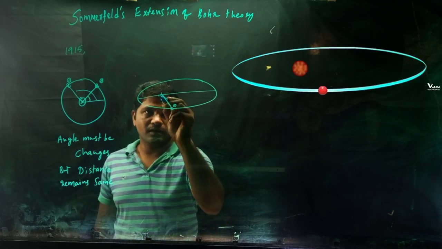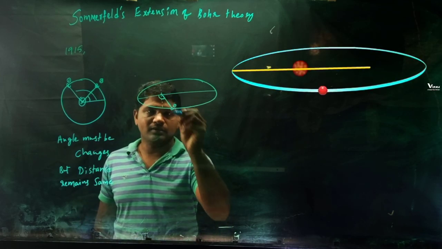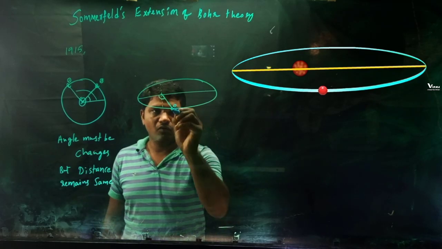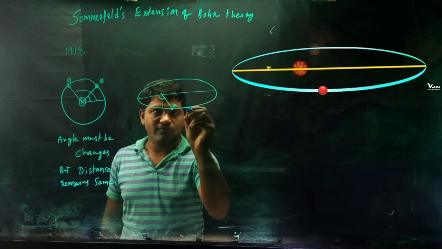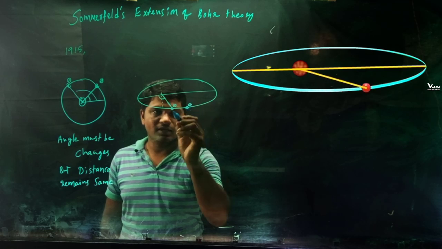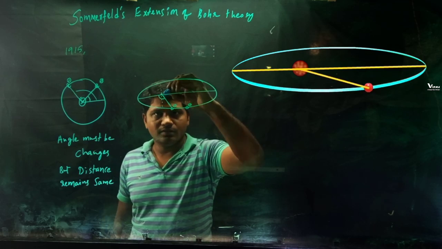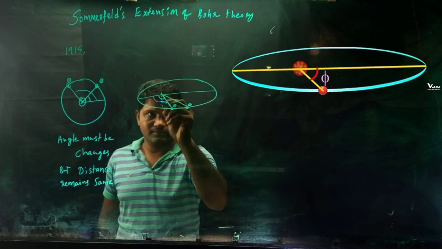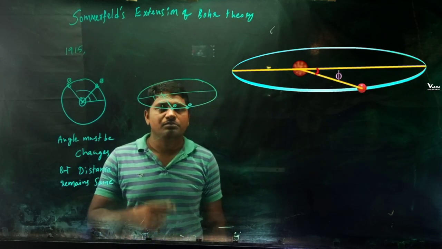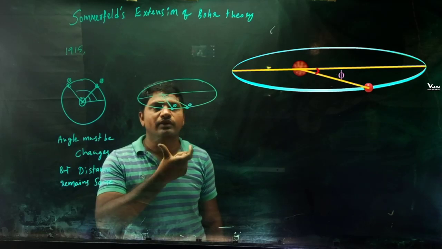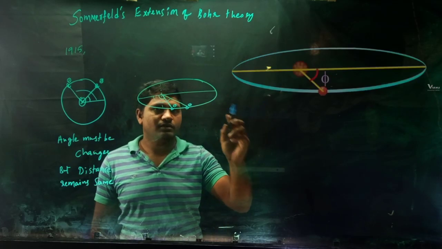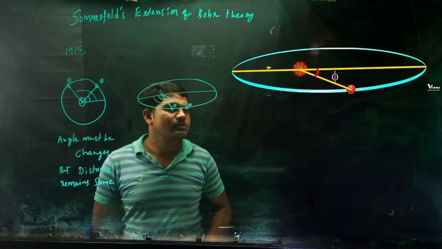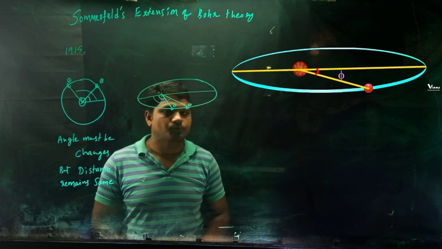When the electron moves from here to here, the distance and angle must change. Observe on the screen.